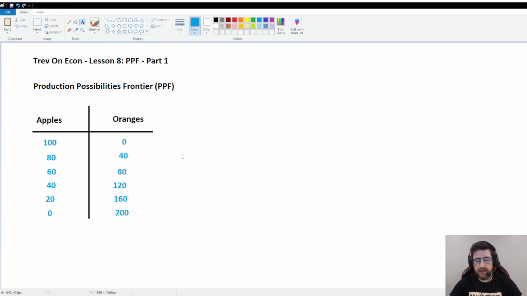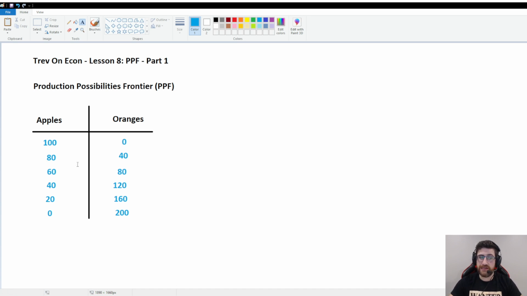All right. I've made this nice and simple. These are going down by 20. These are going up by 40. It's just keeping the same relationship. But effectively what I've done is I've come up with 6 different production possibilities. These are 6 potential options we have.